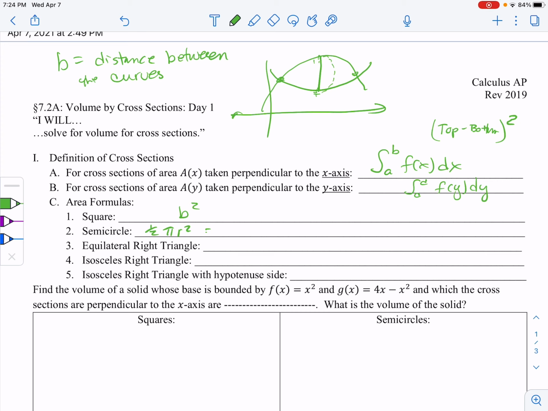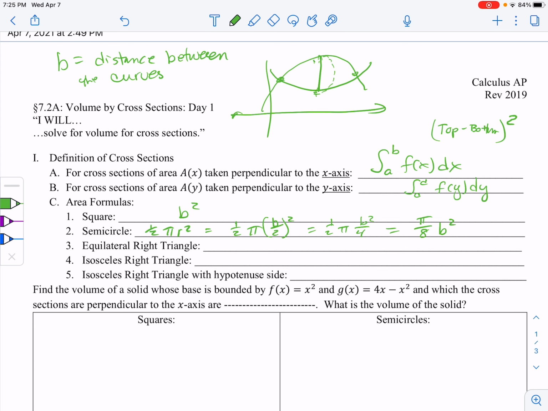So I'm going to replace r with B over 2 squared, because half of this distance is going to be the radius of my circle. Well, if I square that, you get 1/2 pi B squared over 4. So it simplifies to pi over 8 times B squared.